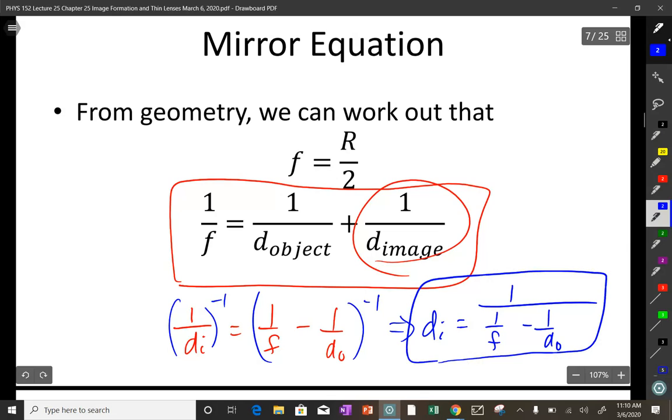Yes, Diana. It doesn't give us the option, so we have to just put R over 2. So in that case, instead of R over 2, would we use 2 over R for 1 over F? Well, remember, you have F is R over 2.